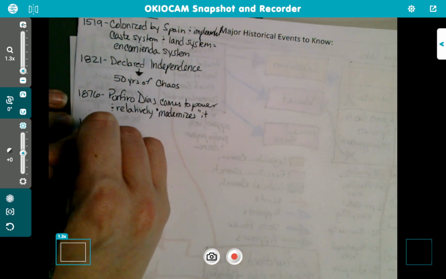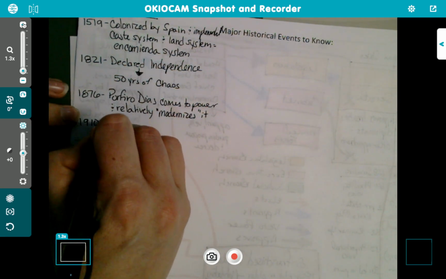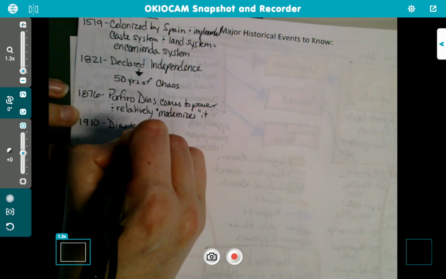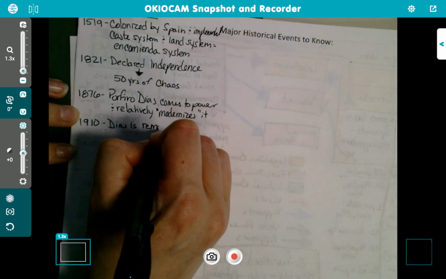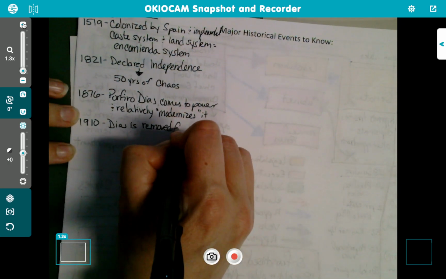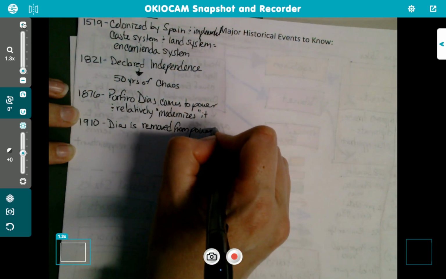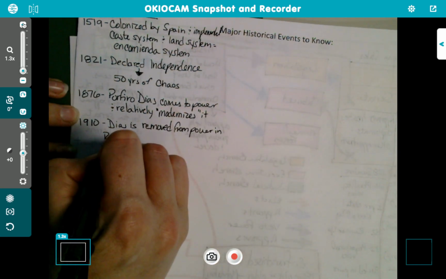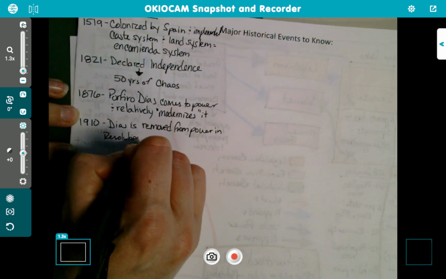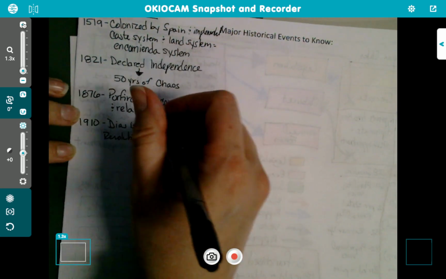1910, Diaz is removed from power in revolution.